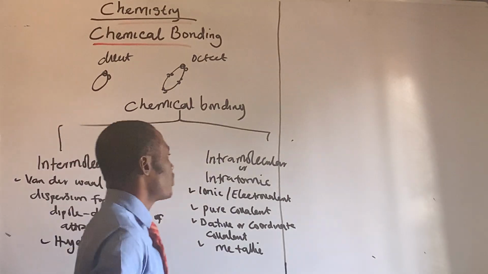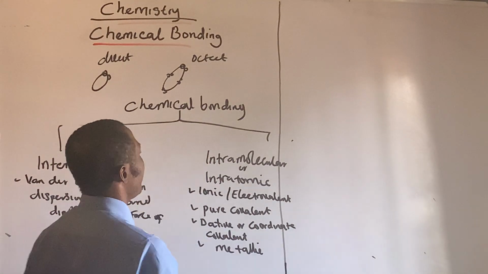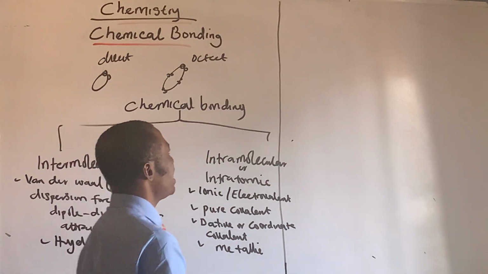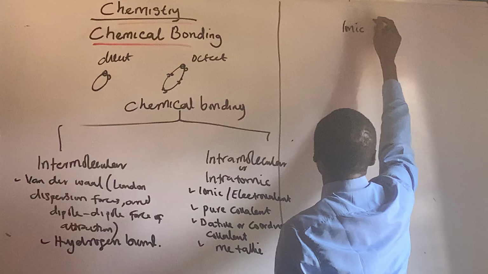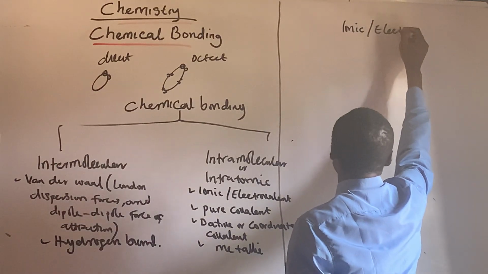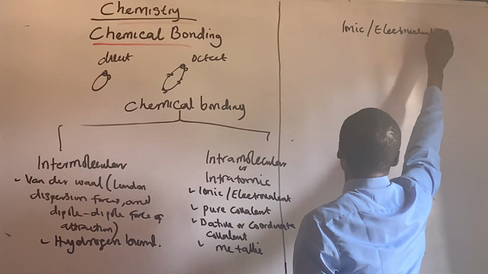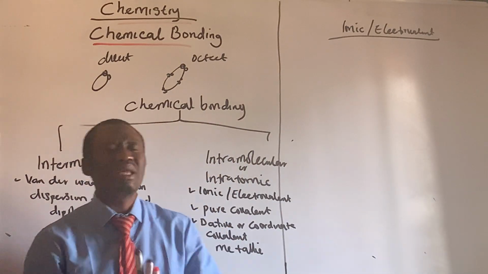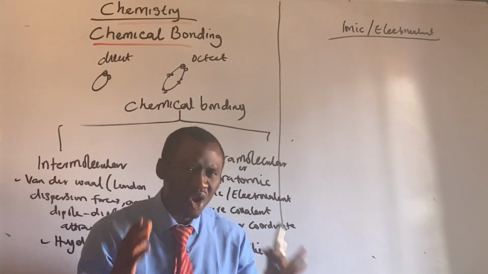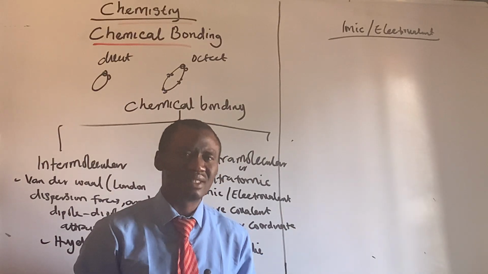All right, now we're going to pick up all these and explain. The first thing to explain is the ionic bond or the electrovalent bond. Recall, I told you that every element in nature wants to be stable and unreactive.